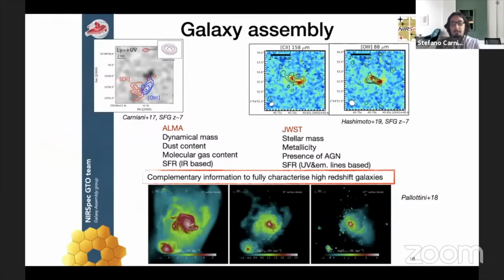With ALMA, we are able to study the cold gas and the dust emission, while with JWST, we are going to probe the emission of the warm gas and the emission of stars and their distribution in the host galaxy.